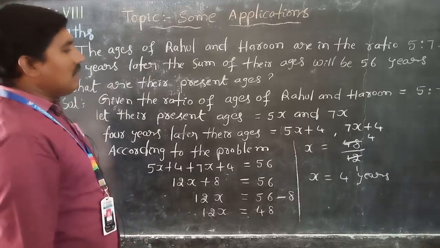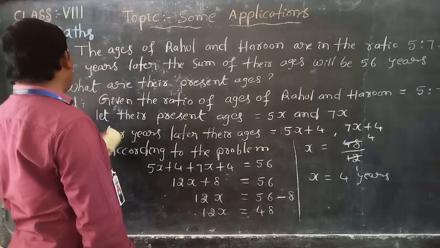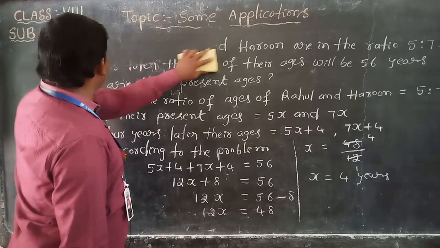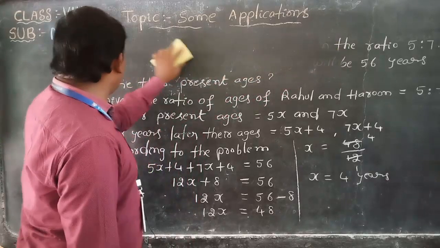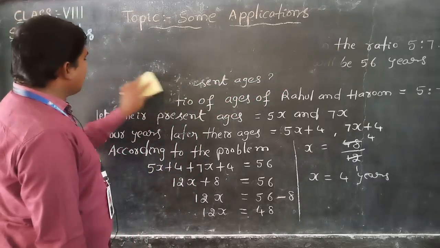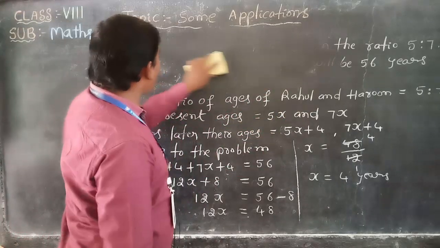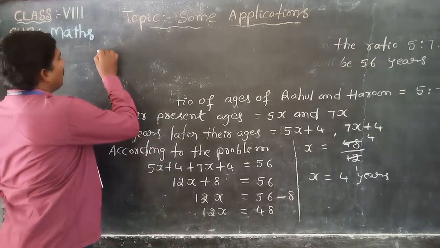Okay. And we want their present ages. What are they asking? What are their present ages? Their present ages we took here as 5x, 7x. 5x is the present age of Rahul.